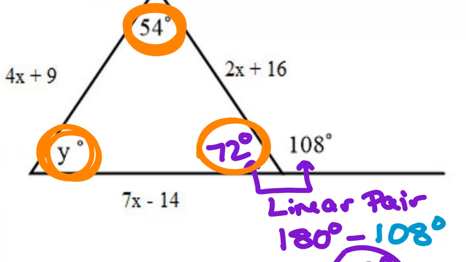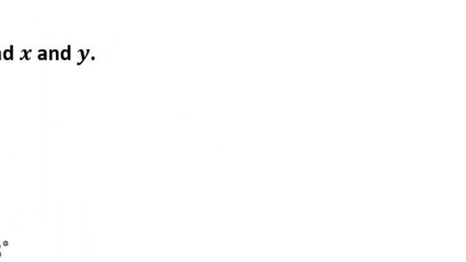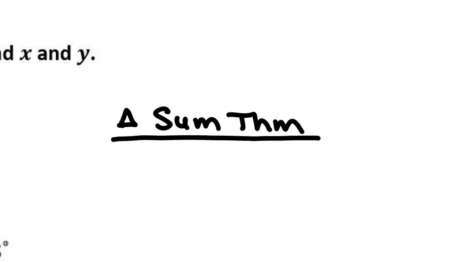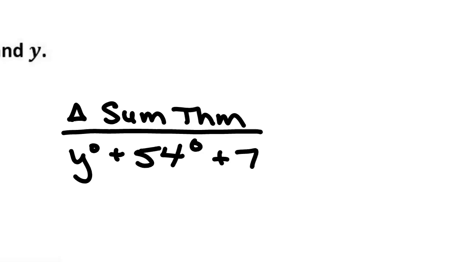So now I have the 3 angles inside the triangle. So I can use my triangle sum theorem. We're going to add those 3 angles together. I'm going to add y plus 54 plus 72 and equal that to 180.